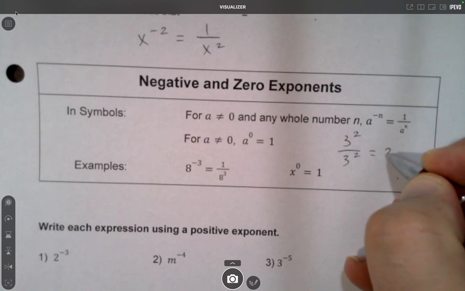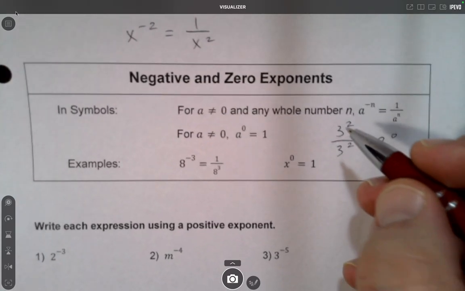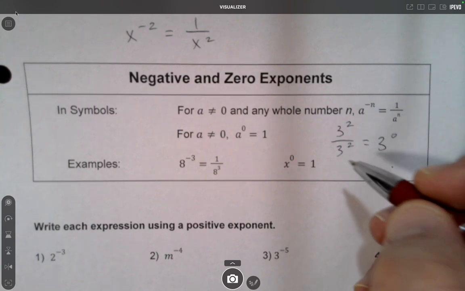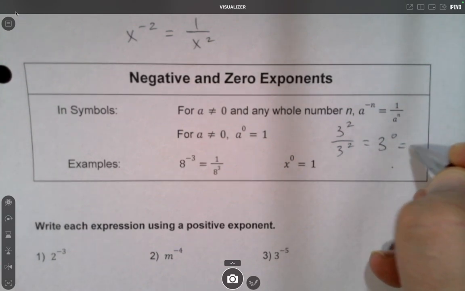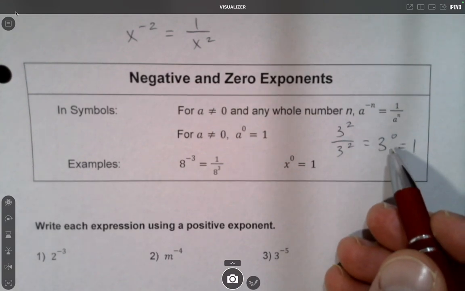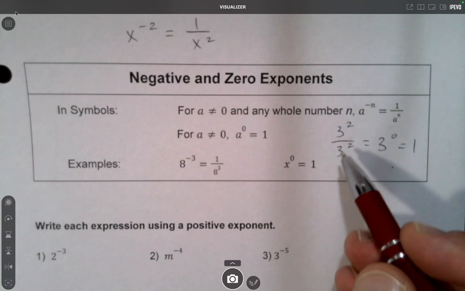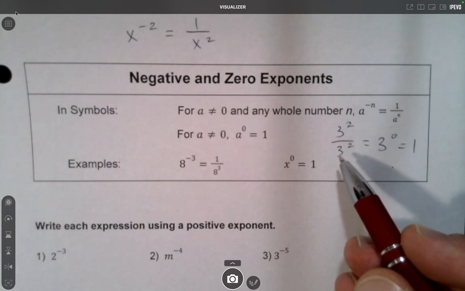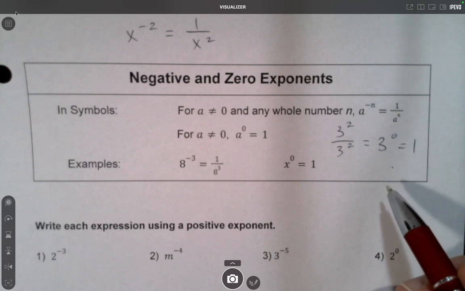And 2 minus 2 is 0. But also, we know when you have a fraction and it's the same thing divided by the same thing, in this case 9 divided by 9, it's equal to 1. So what that 0 really implies is you have the same thing on top and the same thing on the bottom. So when you divide the same thing by the same thing, it's equal to 1.